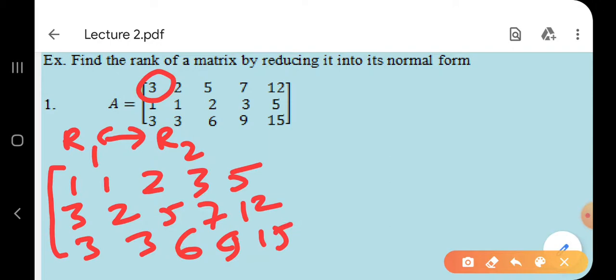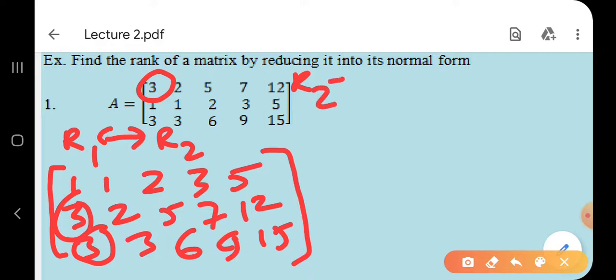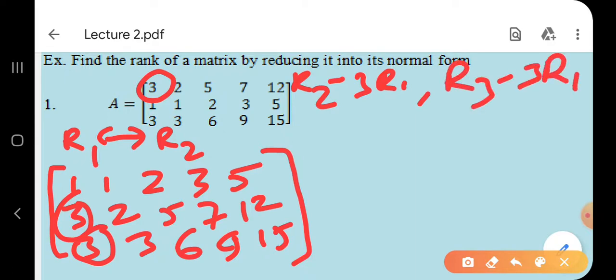Now we can make our operation. What is our operation? R2 minus 3R1, R3 minus 3R1. Understood? We have to make these two positions 0. So R2 minus 3R1. Next one is R3 minus 3R1. Understood? Those positions we have to make 0.